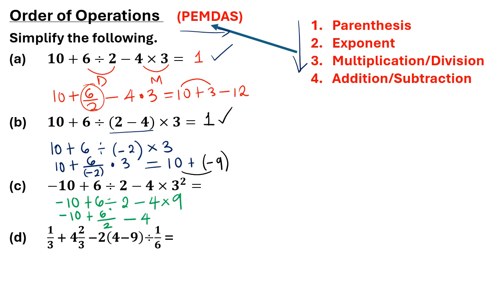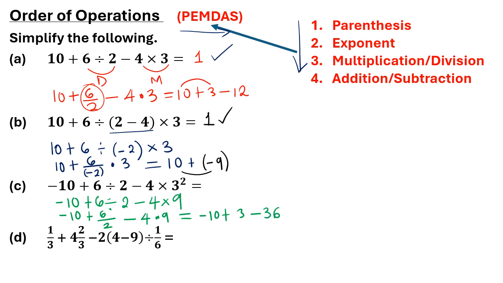4 times 9, so I can see what changes I'm making. So I have -10 plus 3 minus 4 times 9, which is 36.